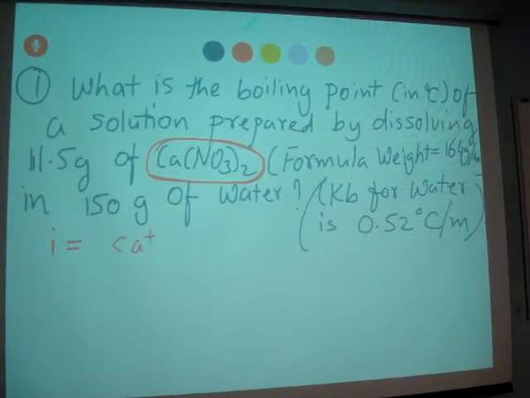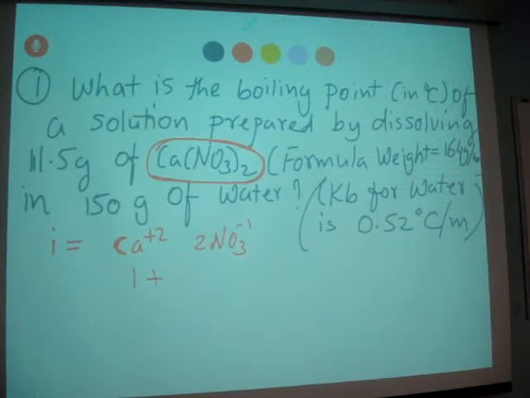It gives Ca 2 plus and 2 NO3 minus. So the total i is 1 plus 2, so i equals 3. Now we know delta T B equals i m K B.